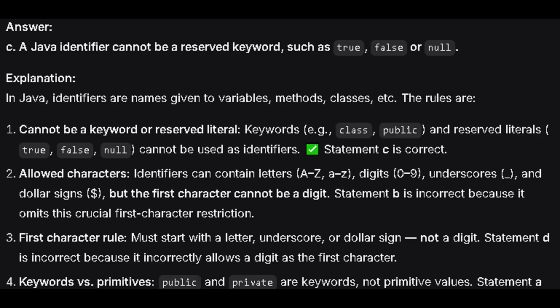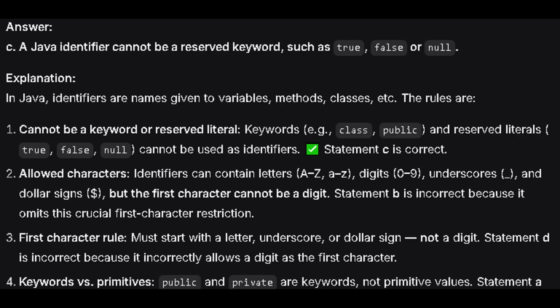Explanation. In Java, identifiers are names given to variables, methods, classes, etc. The rules are, cannot be a keyword or reserved literal. Keywords like class, public, and reserved literals, true, false, null, cannot be used as identifiers. Statement C is correct. Allowed characters: identifiers can contain letters, A to Z, lowercase a to z, digits, 0 to 9, underscores, or $ signs.